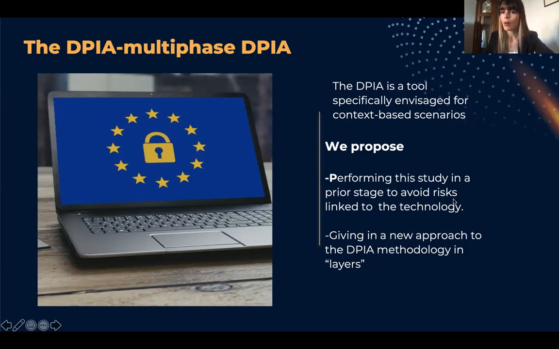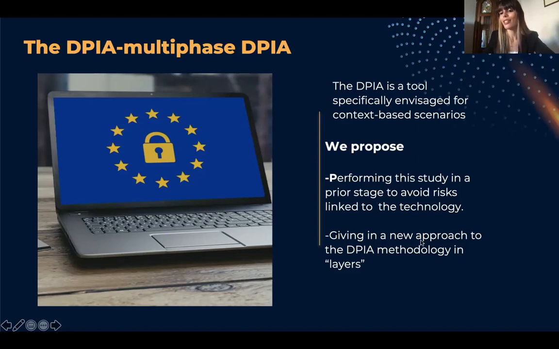So we're proposing to perform this first analysis because we think it could be beneficial, as it could avoid risk linked to the technology. As legal experts, sometimes we note that some of the privacy risks are not linked to the context in which technology is deployed, but to the technology itself, but now it's too expensive to be modified.